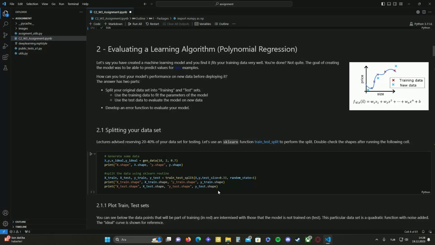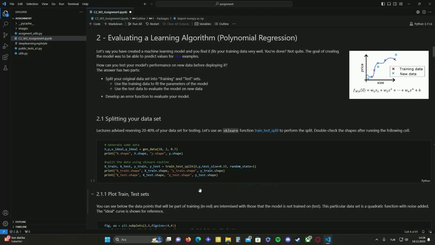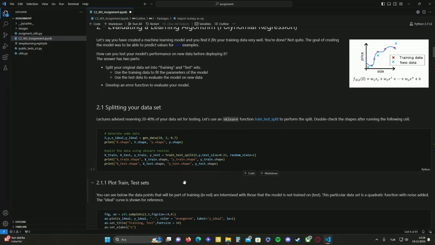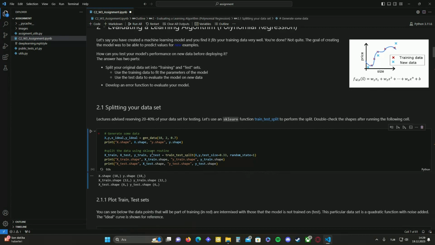Generate some data: X, y, x_ideal, y_ideal equals the data, and print X shape, y shape. Let's run it.